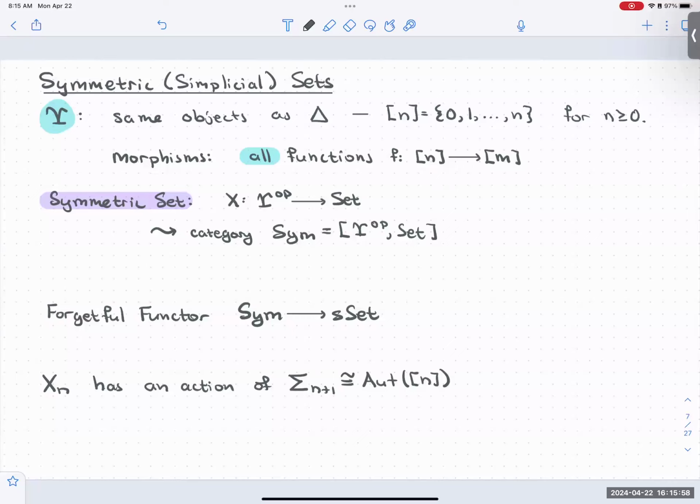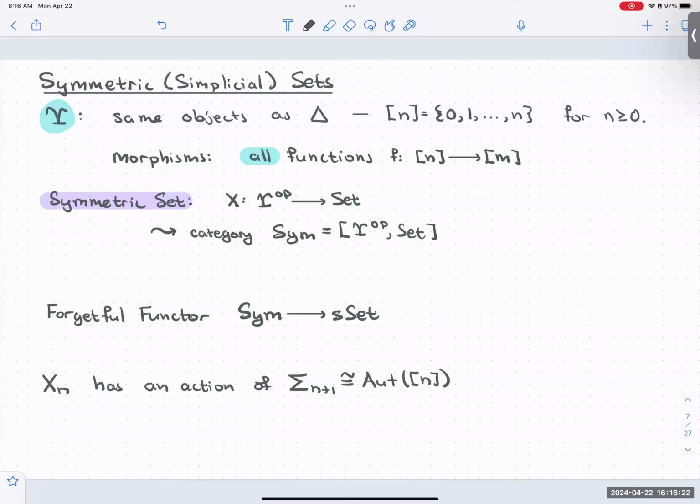So for this, let's talk about the category, which we'll call today upsilon. So this has the exact same objects as the simplicial category delta. So these bracket n's that are the ordered set 0 up through n.